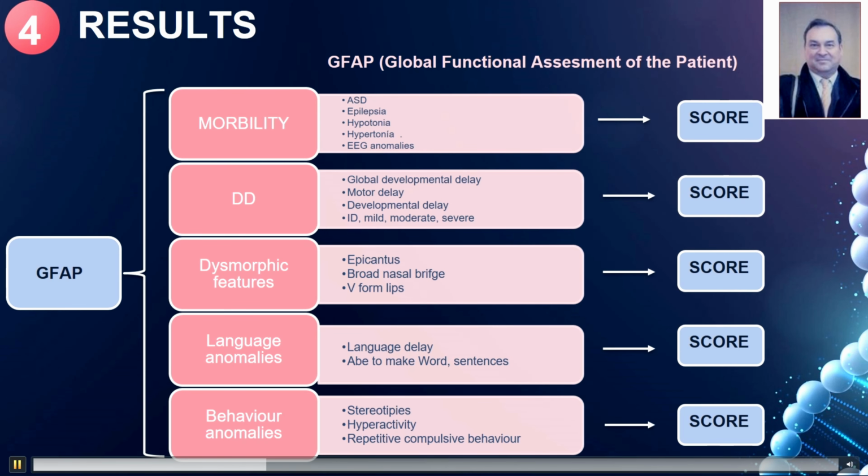This global functional assessment is derived from different HPO weighted symptoms and terms in the syndrome, and is based on our clinical expertise regarding aspects of morbidity, developmental delay, dysmorphic features, language anomalies, and behavior anomalies. All of them give you an individual score that gives you a multi-construct after that.